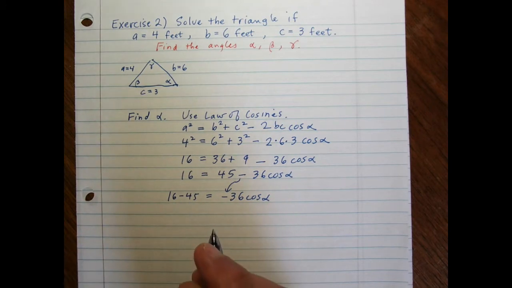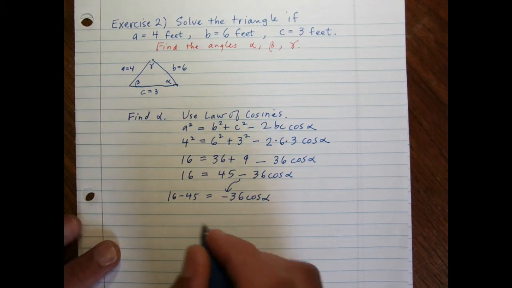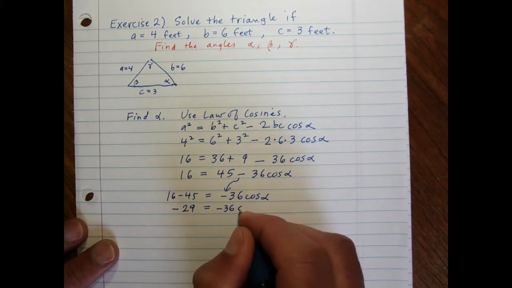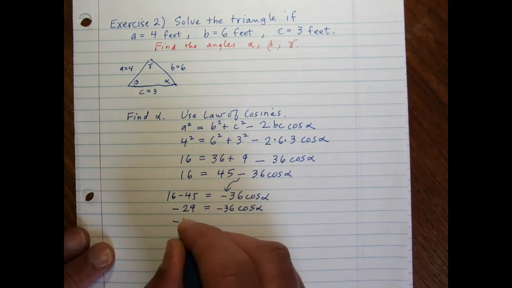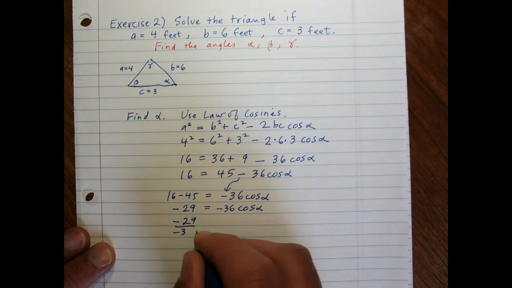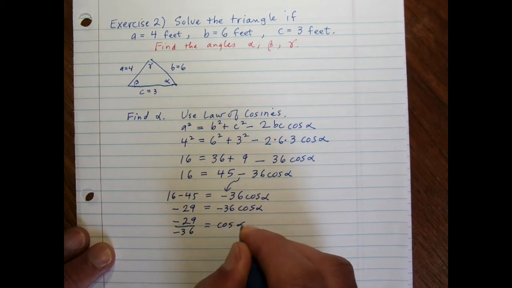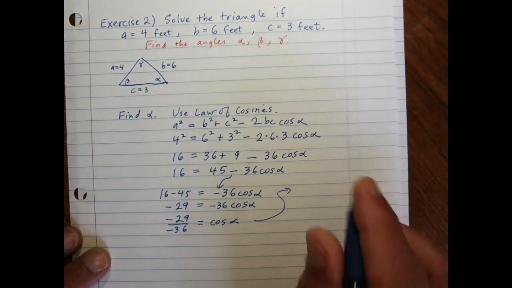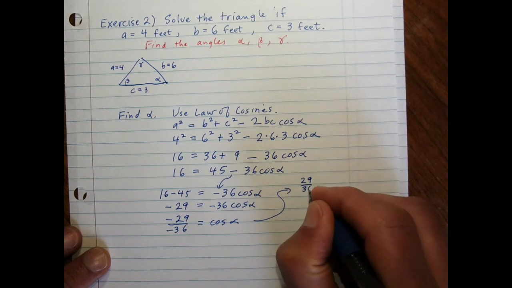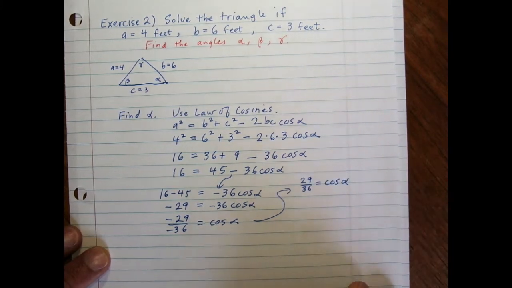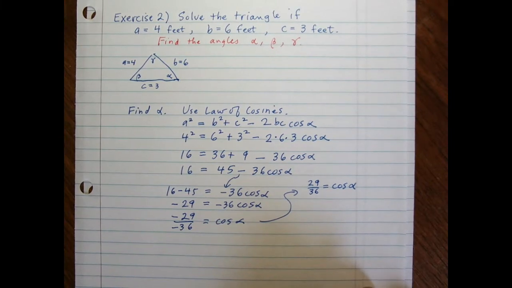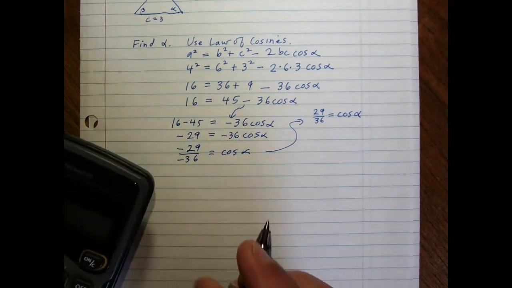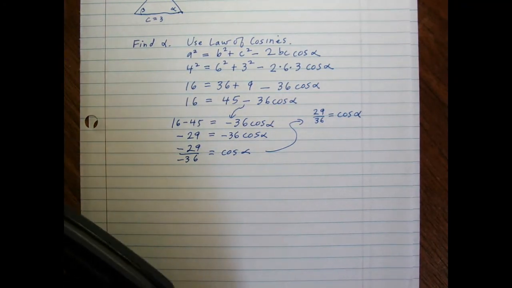16 minus 45 is negative 29. It's negative 36 cosine alpha. So I'll divide both sides by negative 36, and I get 29 over 36 equals cosine alpha. At this point, I'm going to bring up my calculator in degree mode, because we're working with degree measure here.